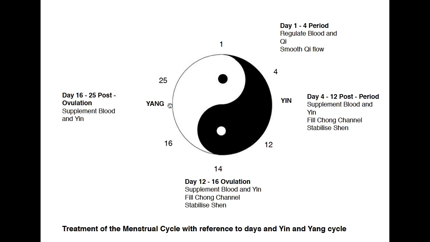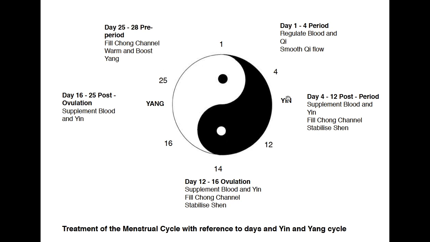Okay, after ovulation, you're supplementing the blood and the yin again because you want to try and help the next period, the next building up of the blood in the uterus. But this stage here, the premenstrual stage, that's where you are looking to boost the yang, because this is the main yang phase of the cycle.